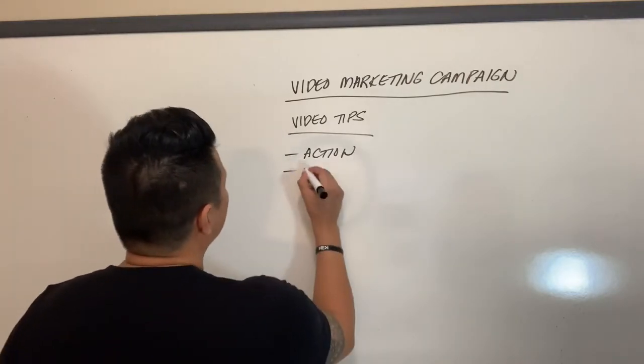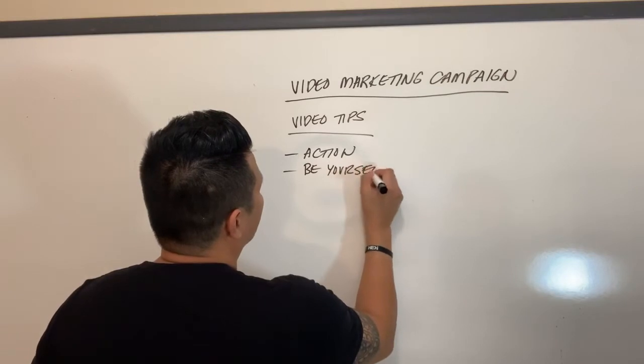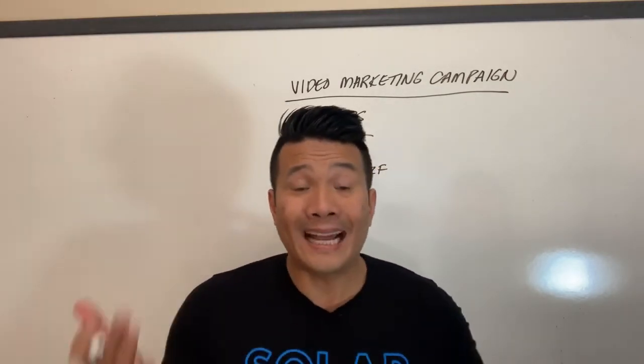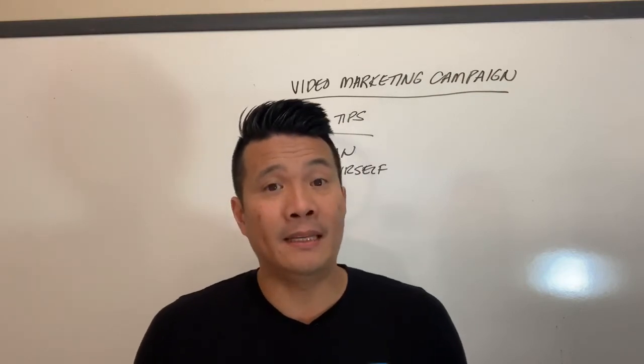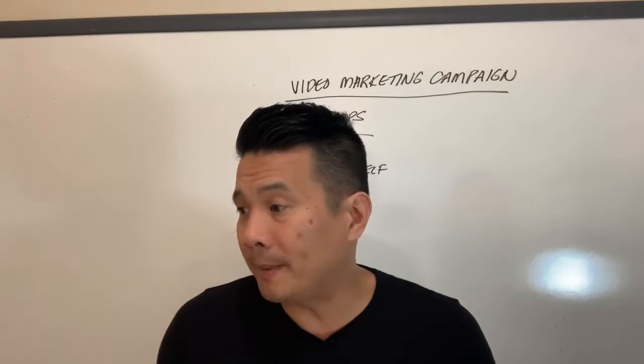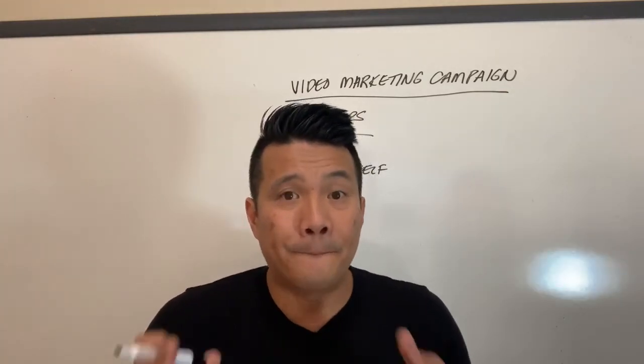Secondly, be yourself. This is how your videos are gonna be easier for you to create, and it's gonna look more natural when you're just being yourself, right? Don't be me. Don't be Billy Bob or Jennifer, right? Be you.